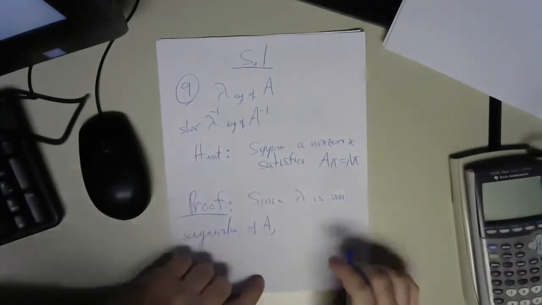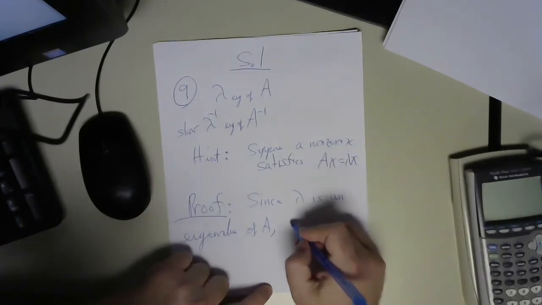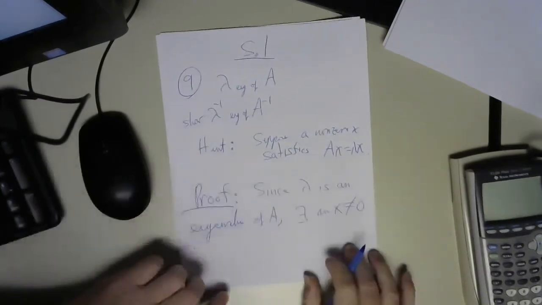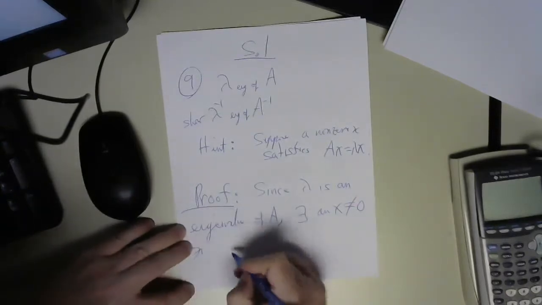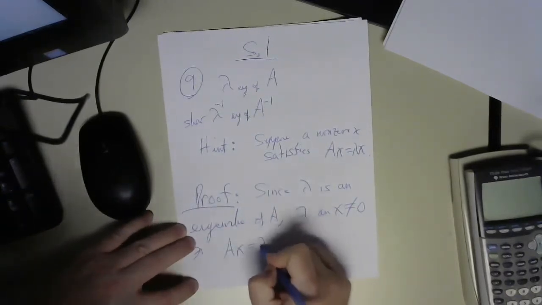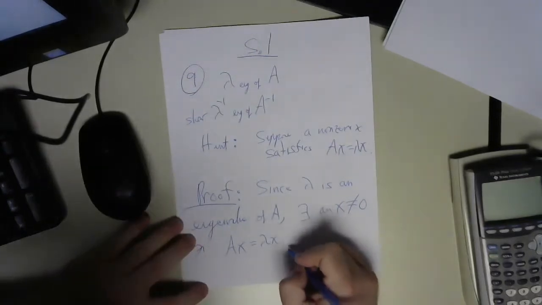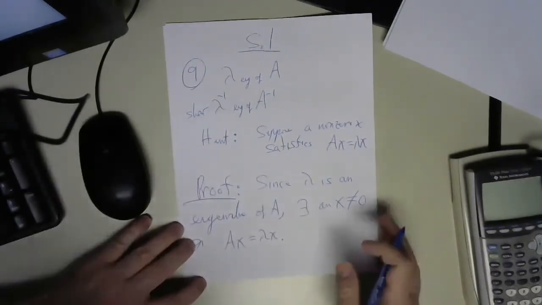Since lambda is an eigenvalue of A, there exists a non-zero x such that Ax is equal to lambda x. All right, so that's really the part we're assuming.